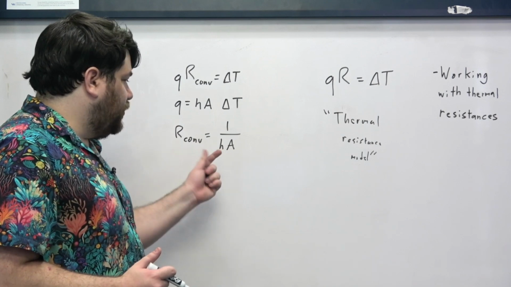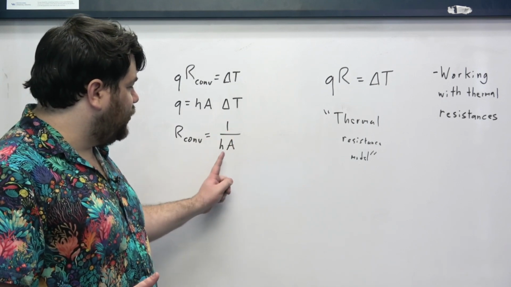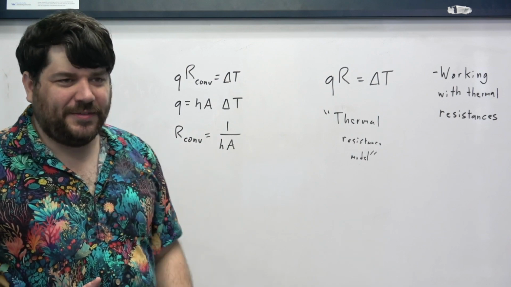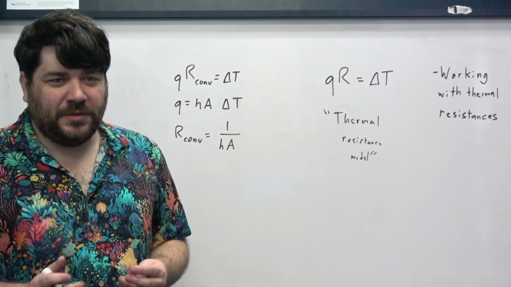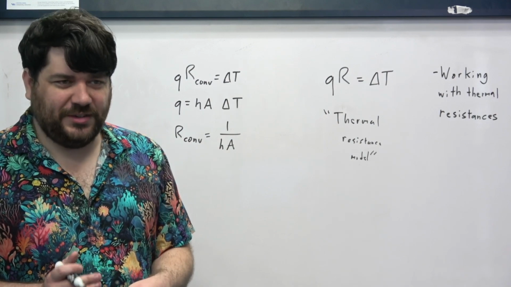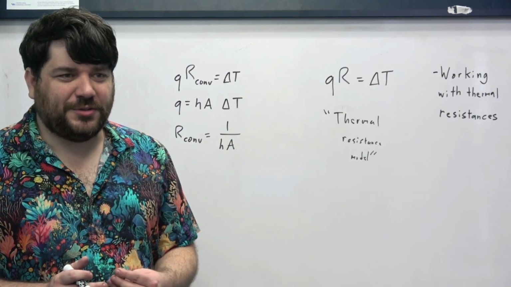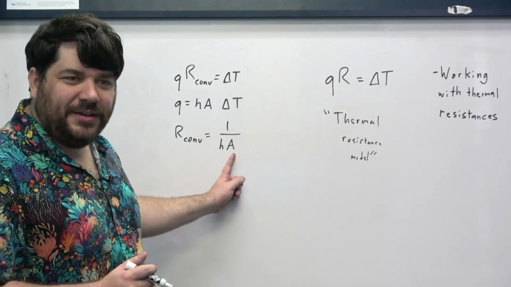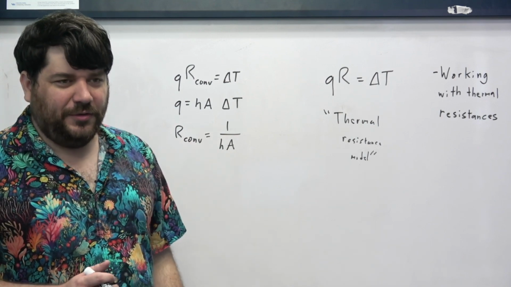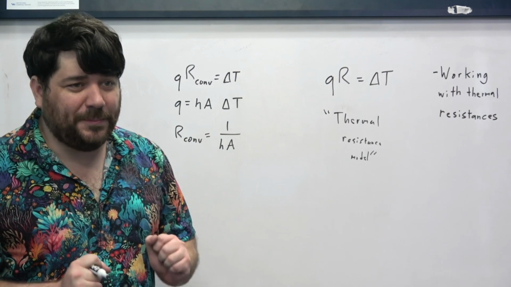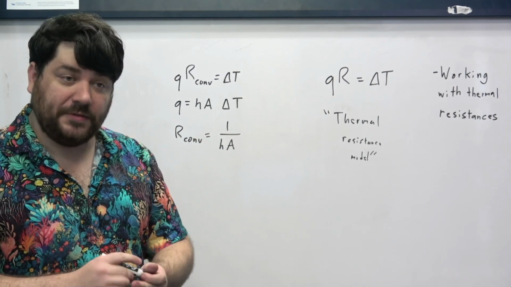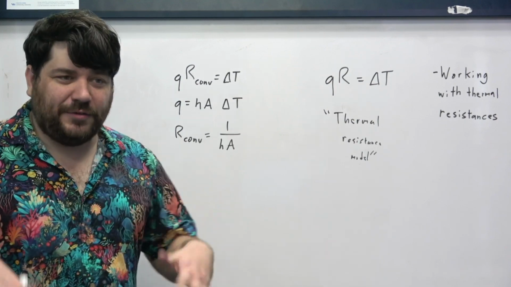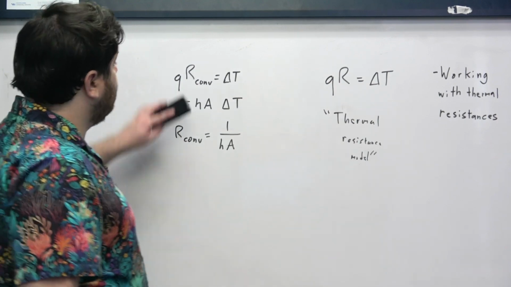This thermal resistance tells me that it's inversely proportional to the heat transfer coefficient times the area. So if you want to maximize heat transfer through a system, you want to minimize the thermal resistance, which means that you want to try to maximize the surface area or the heat transfer coefficient. All right, and this is a super, super important engineering fact that we are going to talk about in detail later. All right, so this is what we get for convective resistances.